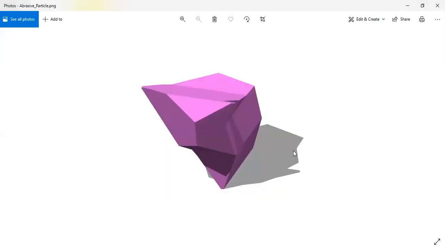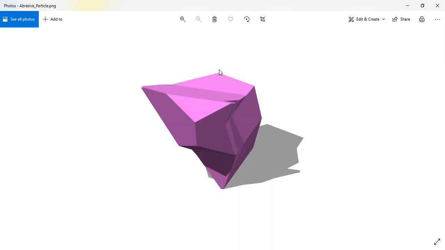Okay, now see here. This is the microscopic view of one abrasive particle, and the size of this is in microns. Either it can be 1 micron, 2 micron, 10 micron, like this. Now you can see that these have very sharp edges, like this one, this part, at the bottom also, and at the top.